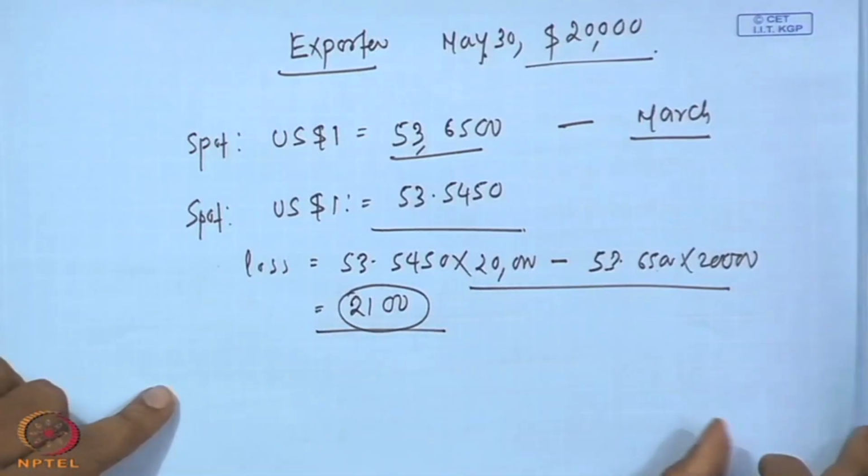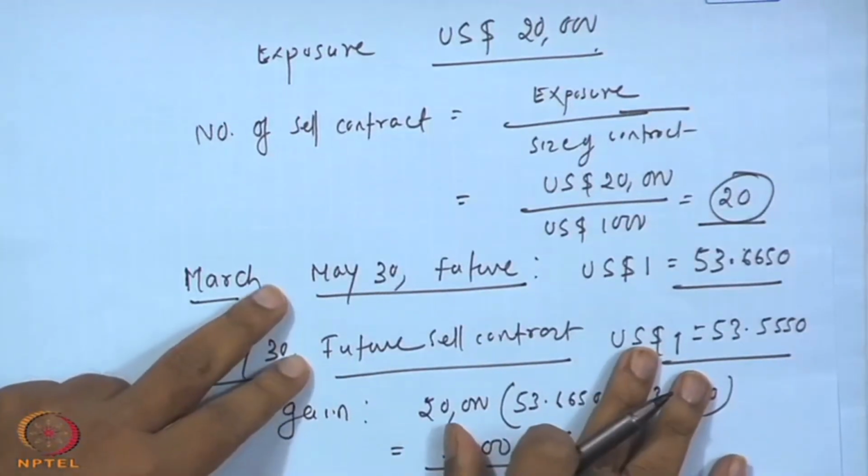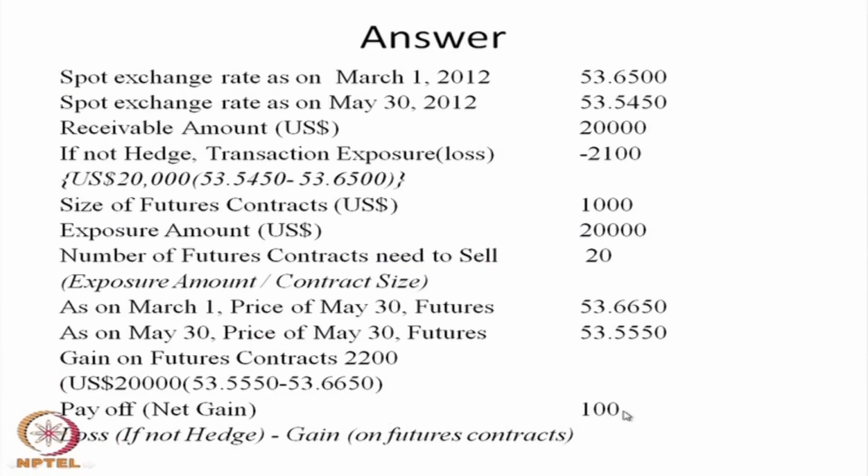So the actual gain for him is 100 rupees. Not hedging, he loses 2100; by adhering to the future contract, he gets 2200. So there is a gain for going for a future contract.